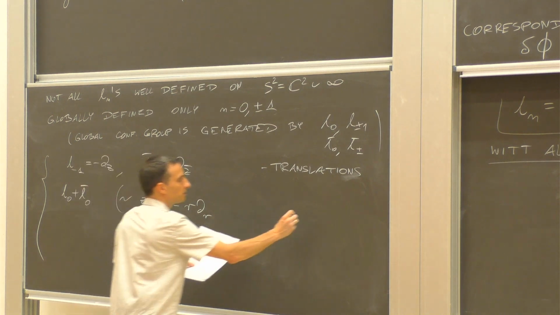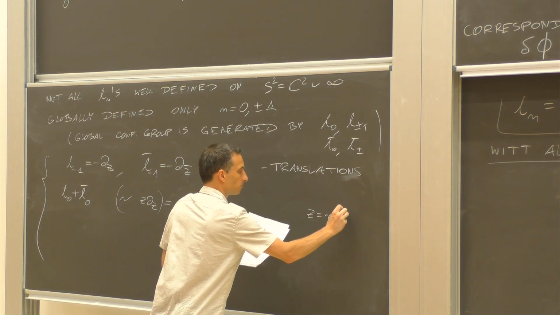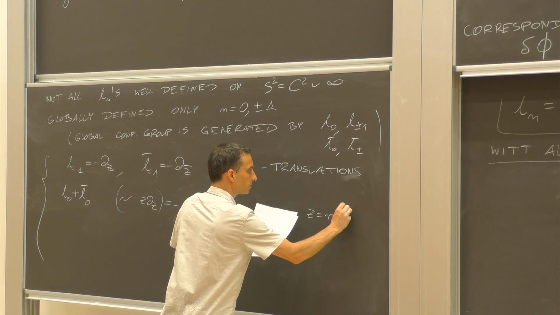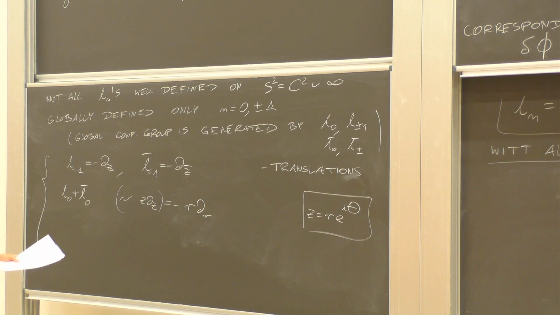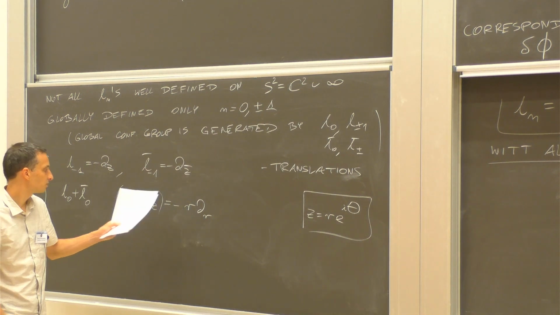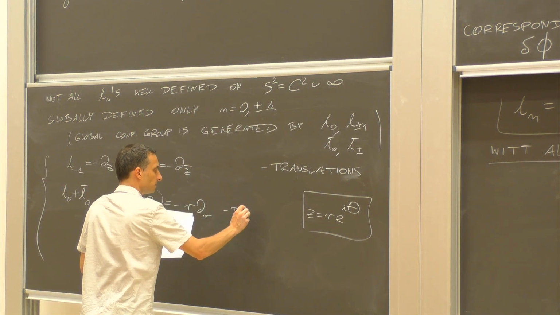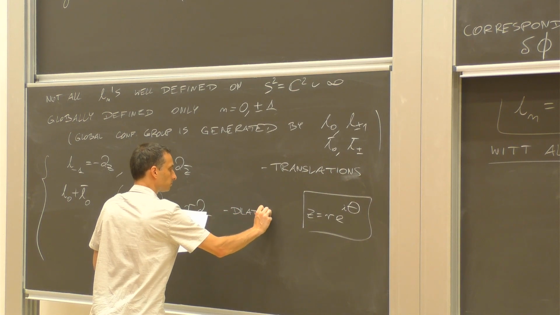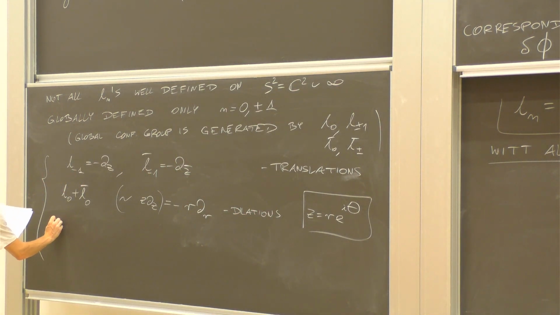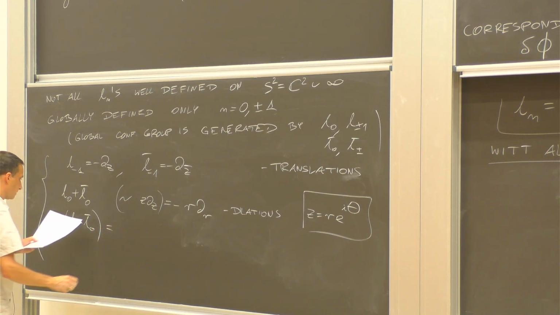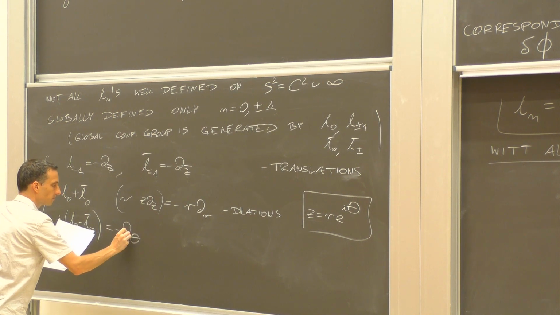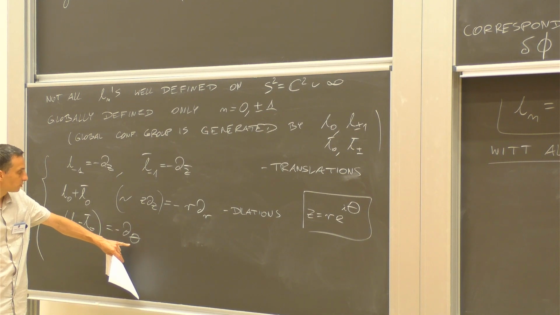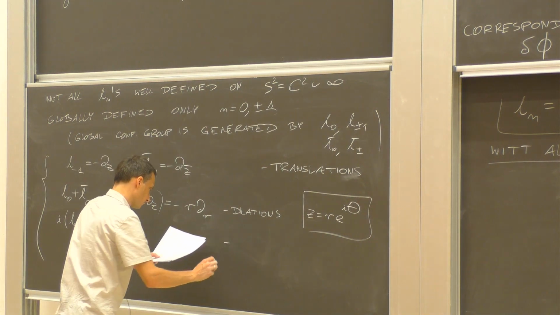So if I write z in the standard radial coordinates, then this operation is a dilation in the radial direction. And then such a combination, L0 minus L0 bar times i, gives us rotations on the complex plane.